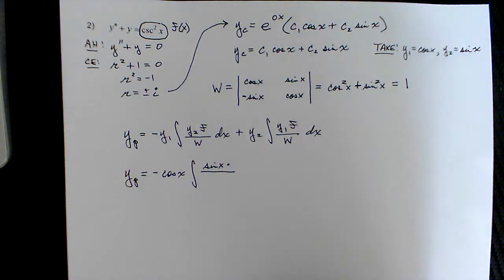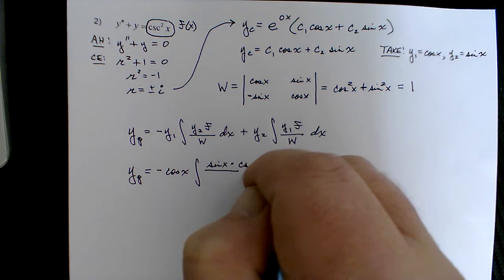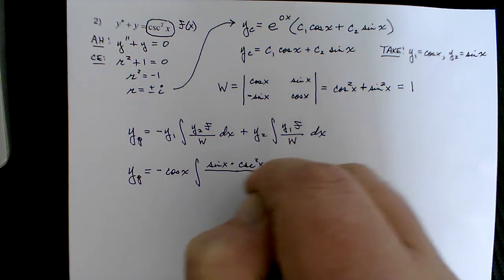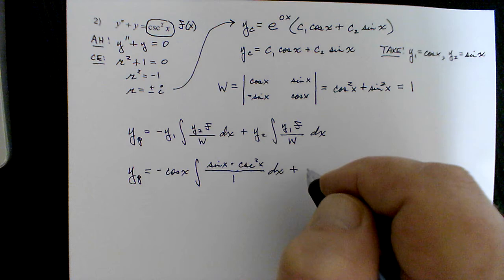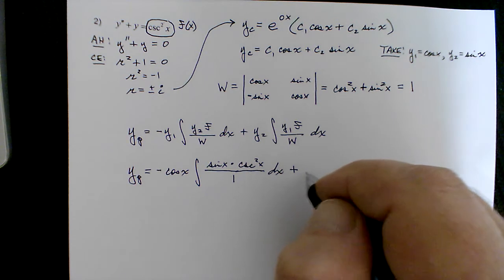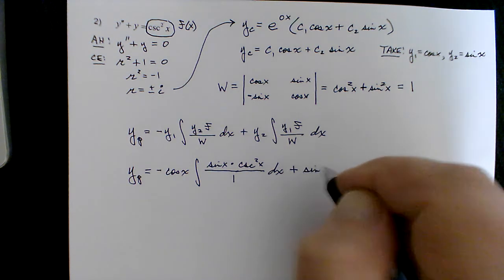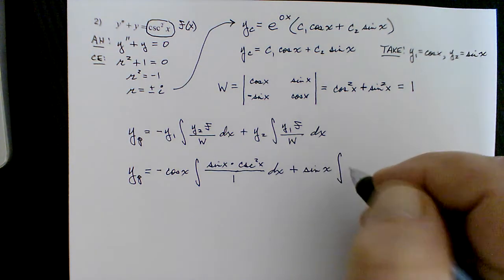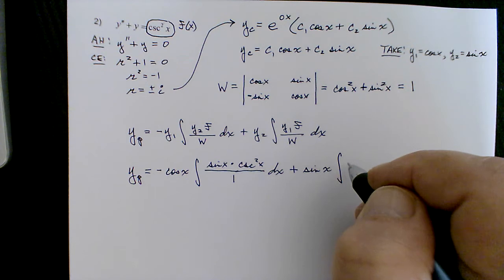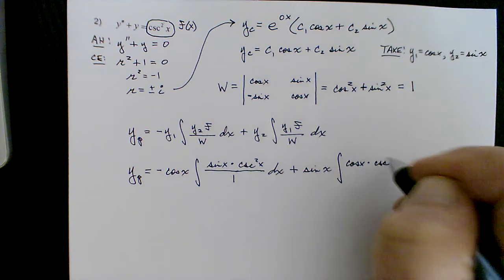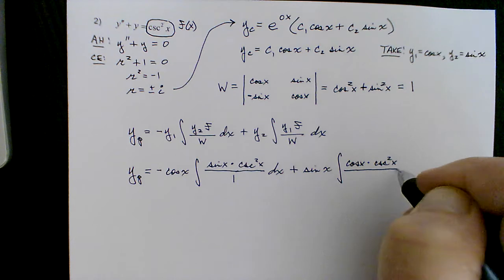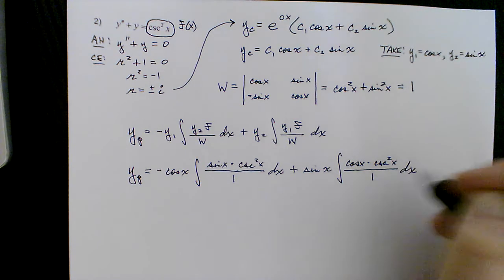So here's our function. F of x is cosecant squared x. And that's over the Wronskian of 1 with respect to x, and then plus y2, the sine of x, times the integral of y1, that was cosine of x, and then times the function again, cosecant squared x, all over the Wronskian of 1 with respect to x.